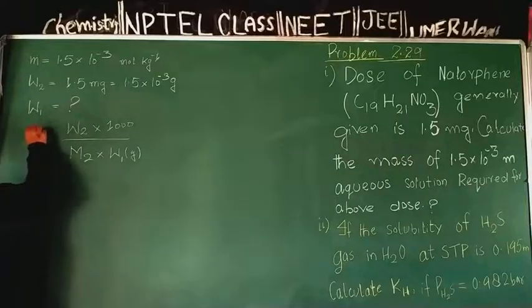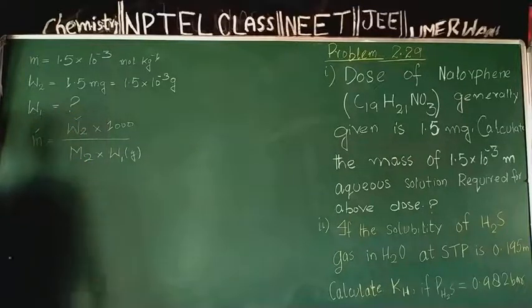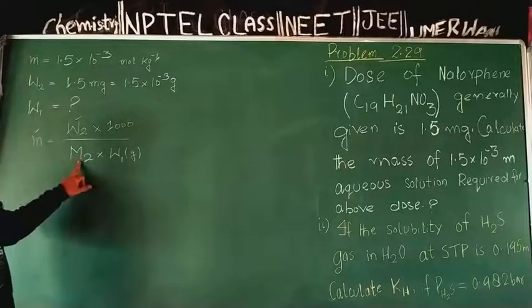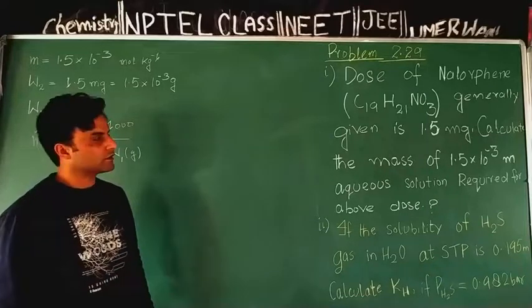Now molality is given, dissolved mass of morphine is given, and molar mass of morphine we need to calculate, and for that purpose the composition C19H21NO3 is given.